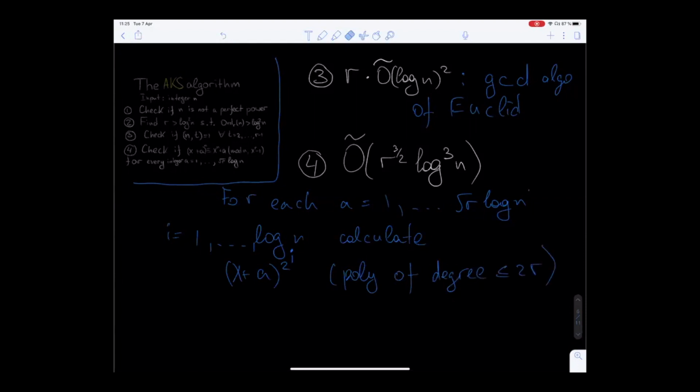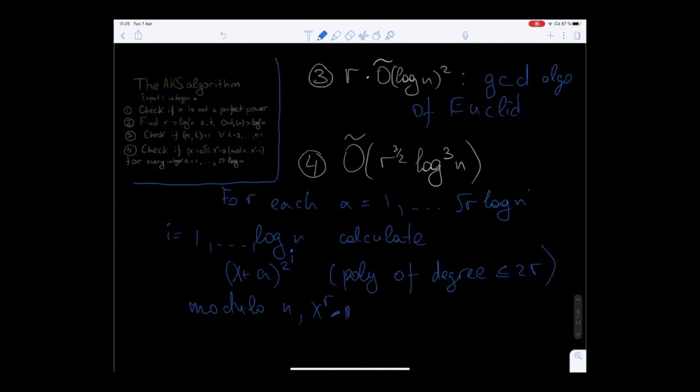And then once we calculated it, we take it modulo n and x to the r minus 1.